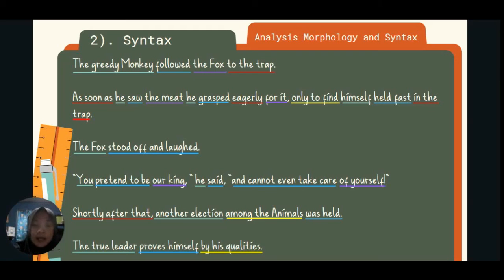If a sentence has a subject and a verb, as in sentence 3, the fox stood off and laughed. The fox as subject, stood off and laughed as verbs. Then you can be sure that the sentence is grammatically correct. Okay?